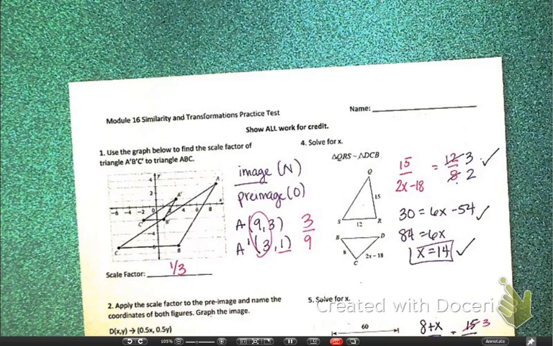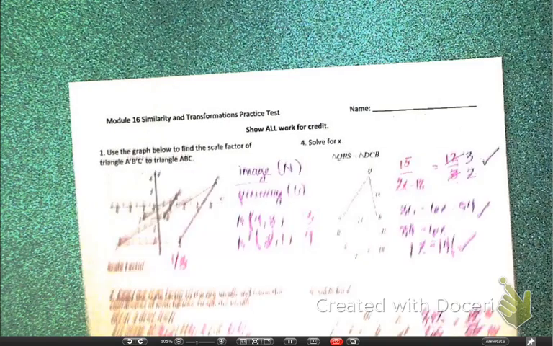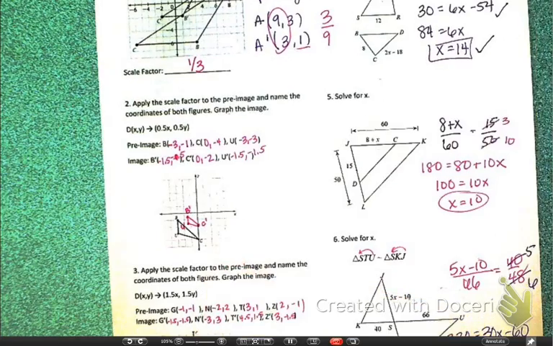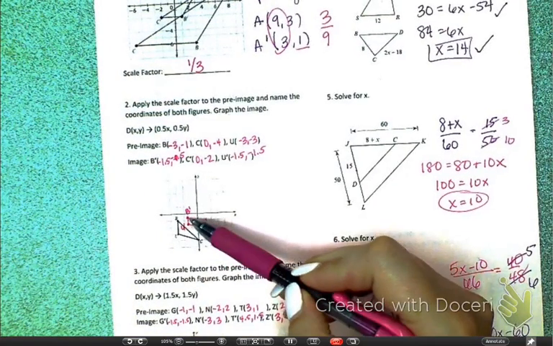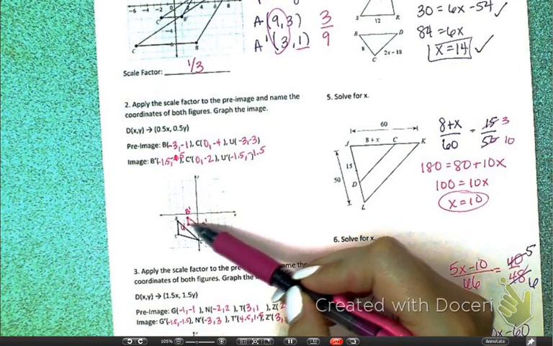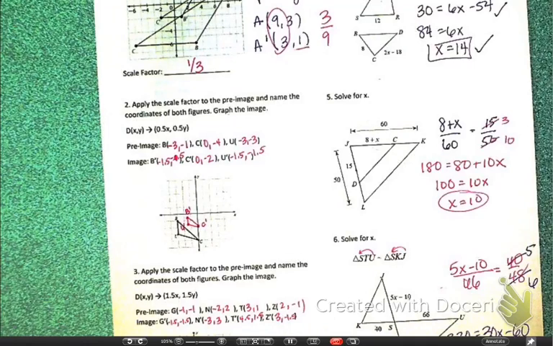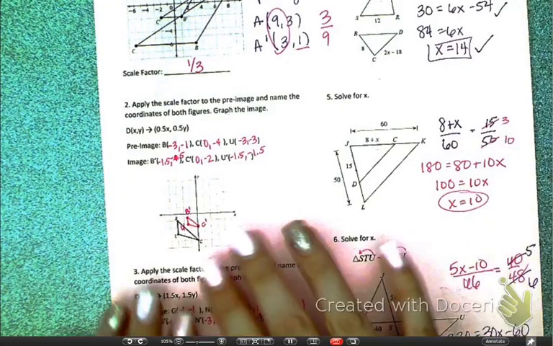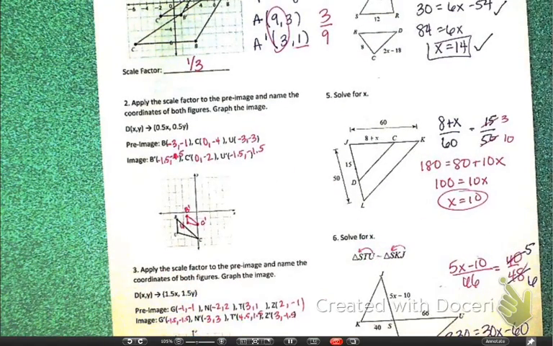Now I'm going to give you a hint to this one, and I'm going to use number 2 as an example. Do you see that my image, there are points that are like in the middle of the boxes? I'm at 1.5. There are points in your figures tomorrow that are in the middle of the boxes. Don't use those points. Find the point that is exactly on the box. So if I was looking at this picture here and I wanted the scale factor, which points would be the easiest ones to use that are on each of the boxes?